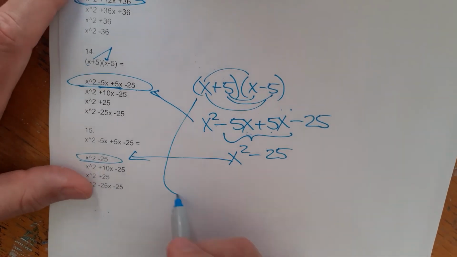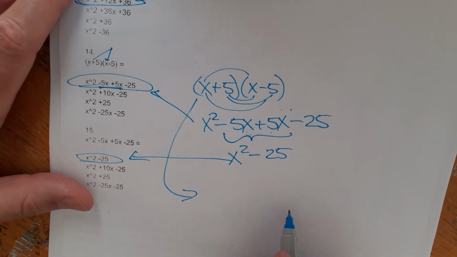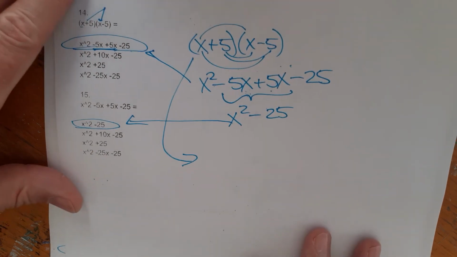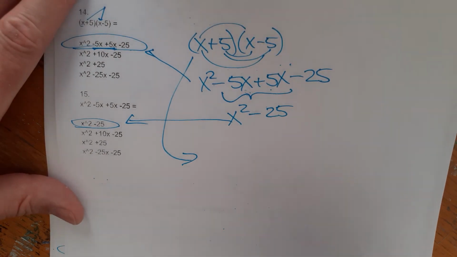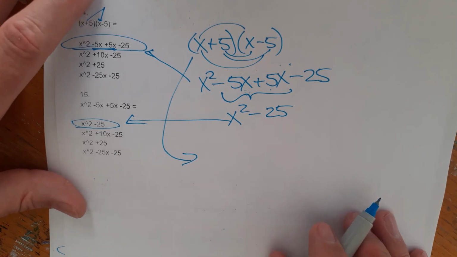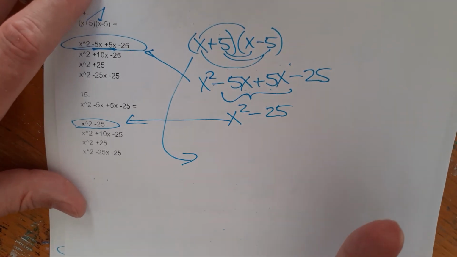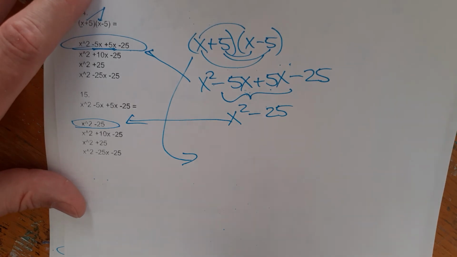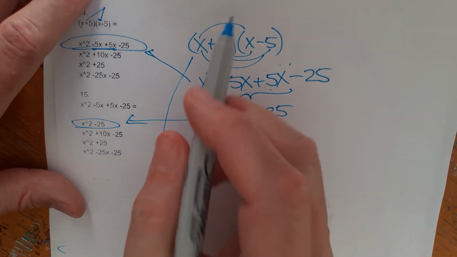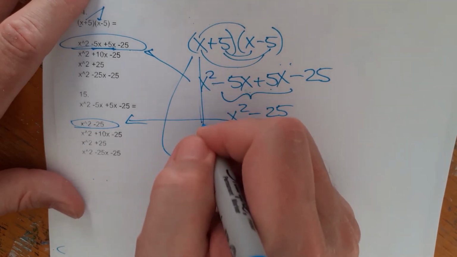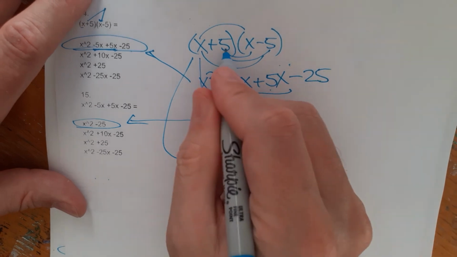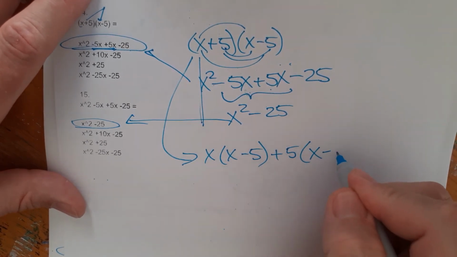And lest I be remiss, most math training in countries outside of the U.S. doesn't know about this and does not appreciate this FOIL method. They just like the distributive property, which I do too. I think it makes sense. If you teach distributive, then why have a separate method where kids are like, well, use FOIL on that one, but you use distributive on this one? No, it's distributive property. And what we do is split this apart. We take x here from the first part and multiply it by x minus 5, the second. And we add to that the 5, and we multiply that by the second again.